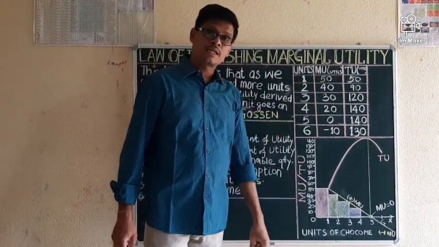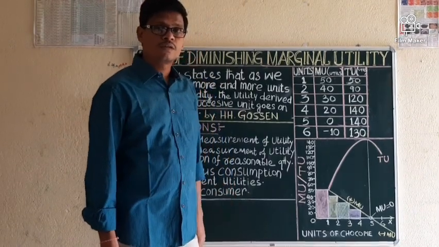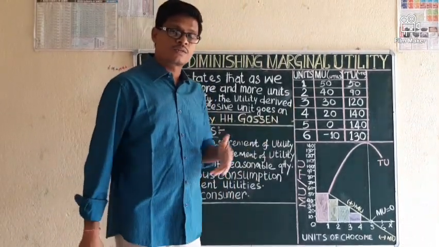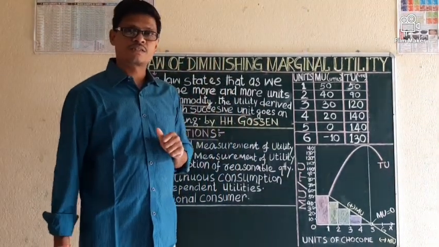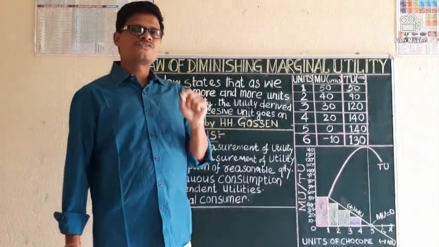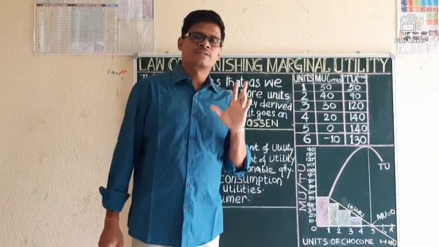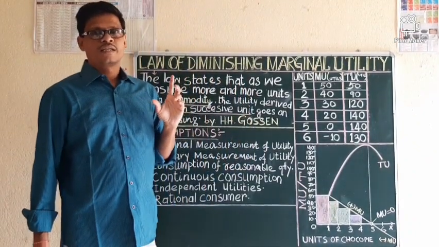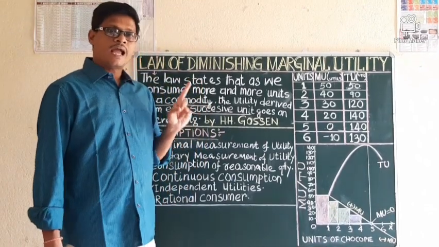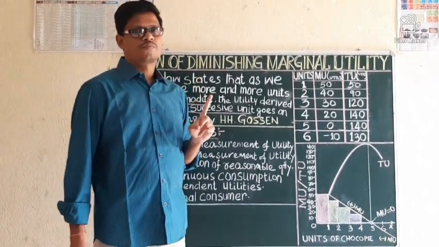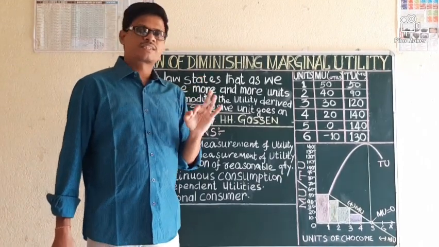Now your question may be arising, sir, why are you giving 50 utils? Why not 100 utils? Why not 1000 utils? So please go back to the previous class where we discussed that util is an imaginary unit of measuring utility. It is a psychological unit and it is subjective.